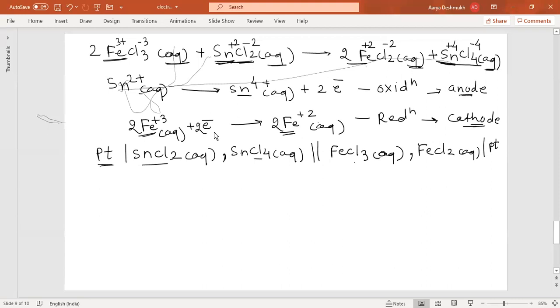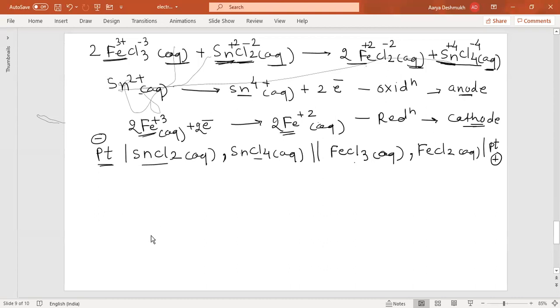The anode means the negative electrode and the cathode is always a positive electrode in the case of the galvanic cell. So this is the way you represent the cell if in the cell reaction the medium is aqueous. So SnCl2, SnCl4, put a comma between them, and represent the cell this way.